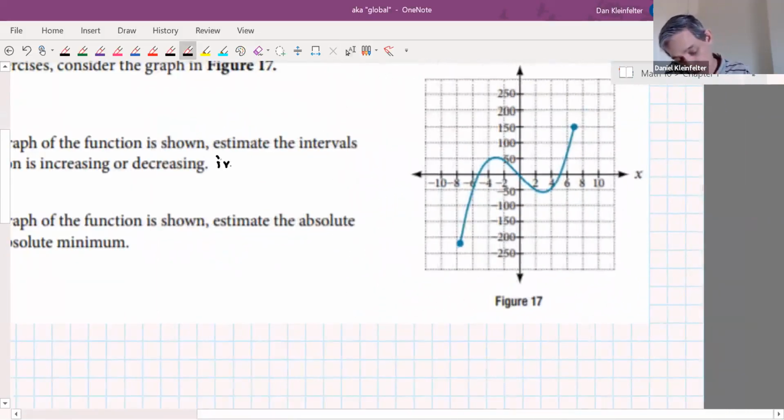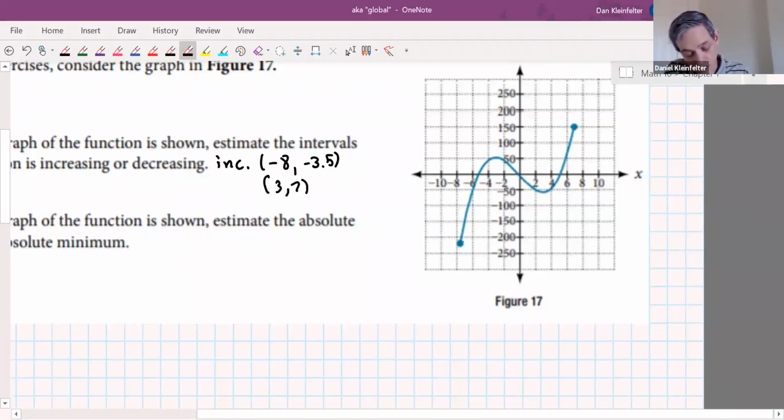So let's go with increasing between -8 and -3.5. And then it also looks like it's increasing between about 3 and about 7. Let's say 3 and 7.